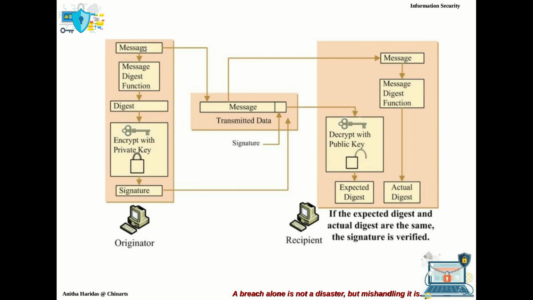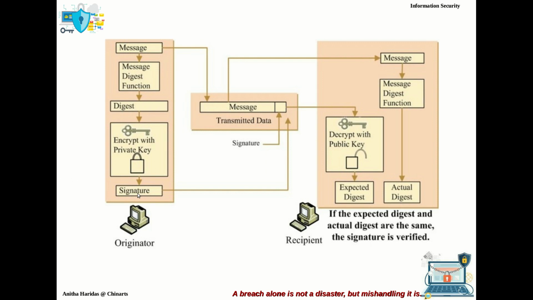So let us see here how it works. The message will be given to the message digest function, which will be a cryptographic hash function which will generate a message digest. And this message digest will be given for the encryption process, which is your signing algorithm, along with the private key, and the signature will be generated.